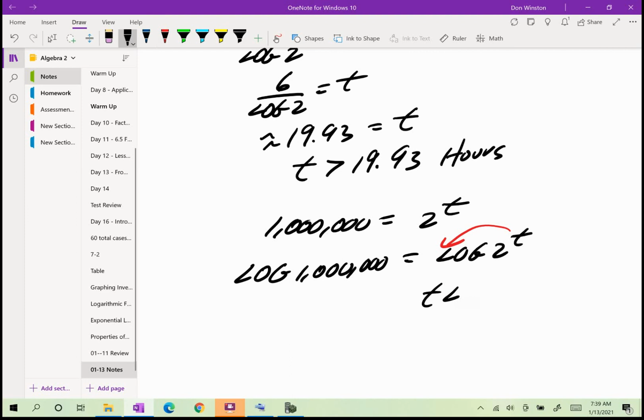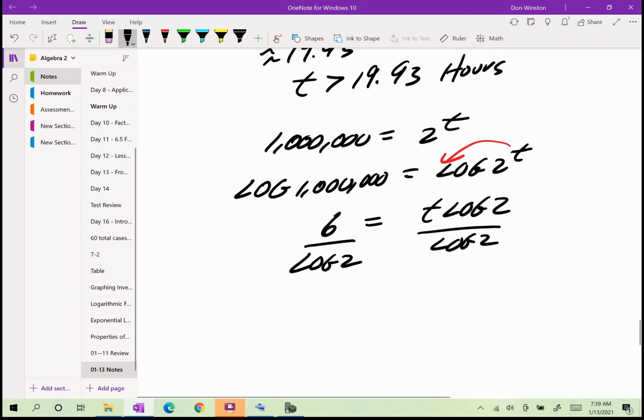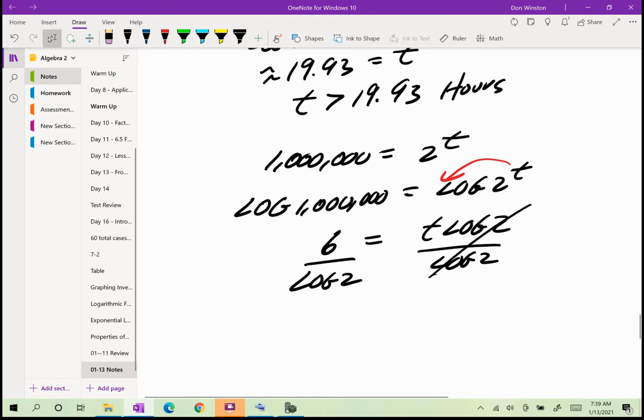So t common log of 2. Common log of 1,000,000 is 6. And then divided by common log of 2. But you see, we get the same answer. So t is equal to what I had before, 6 divided by the common log of 2.